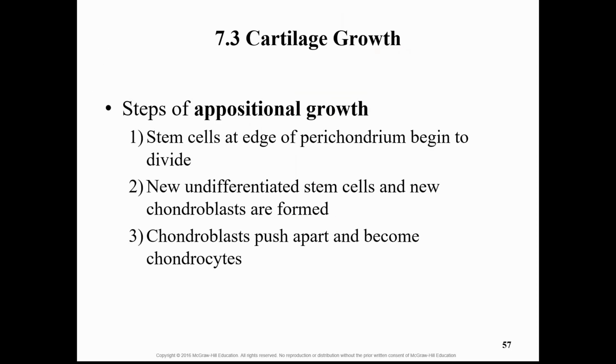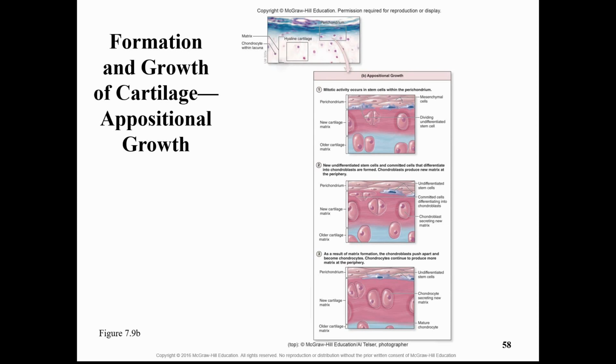Appositional growth is where we have our stem cells at the edge of the perichondrium that are going to start to divide, and that's going to give us a new layer on the outside of our cartilage. So here we've got some of the older cartilage. We've got new cartilage up here with undifferentiated stem cells. They're dividing, turning into chondroblasts, secreting matrix, and kind of pushing themselves apart.